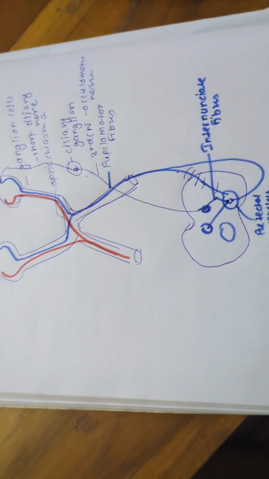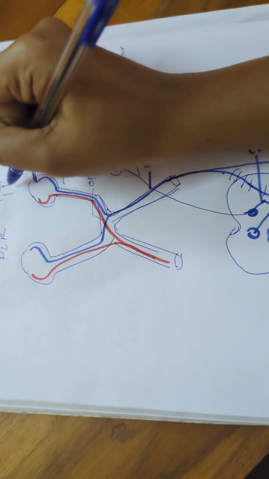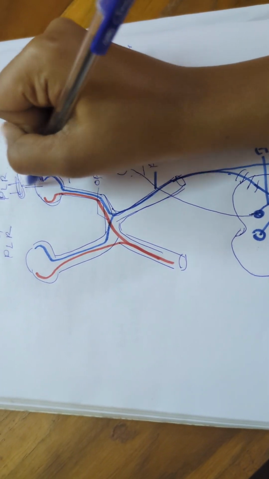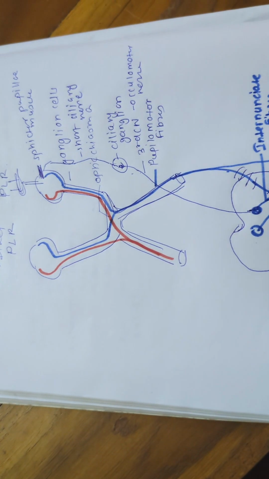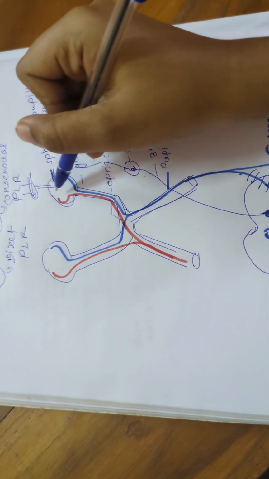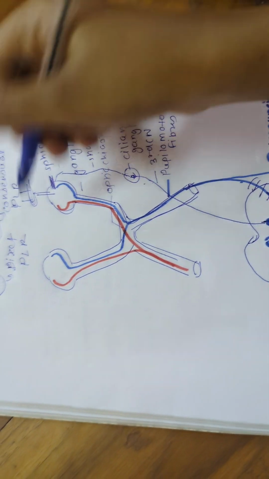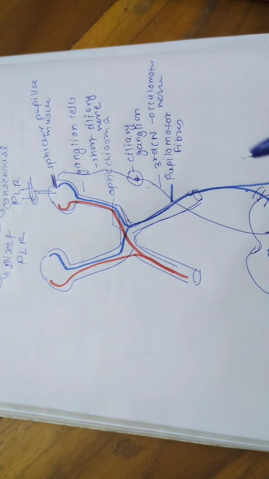So the main point here is, if light is shown in this eye, this is the whole pathway of how the constriction of pupil occurs by the direct pupillary light reflex.